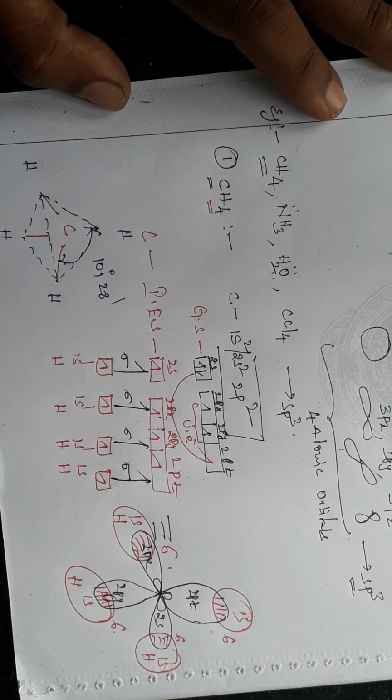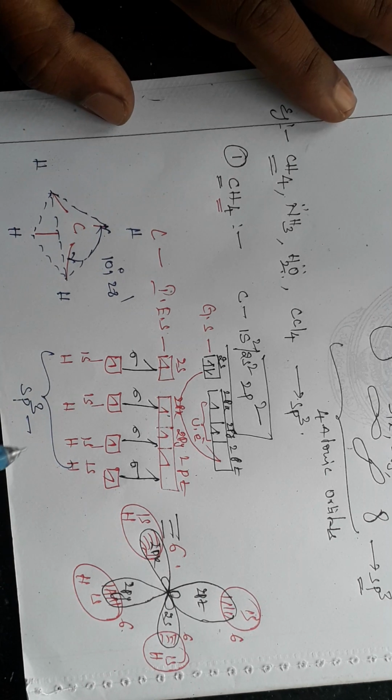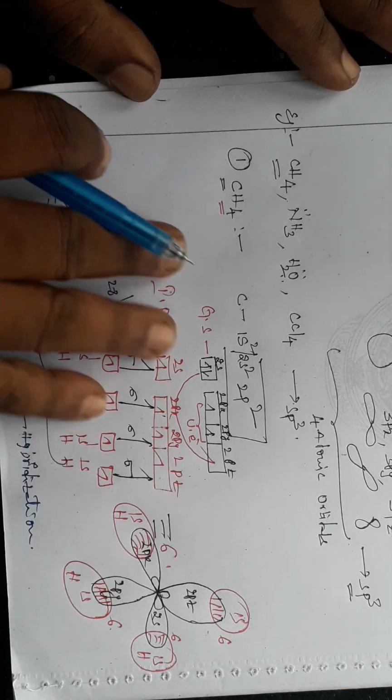The hybridization is one s and three p, that is sp3 hybridization. So the CH4 molecule is sp3 hybridized.